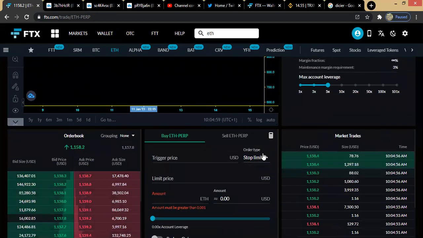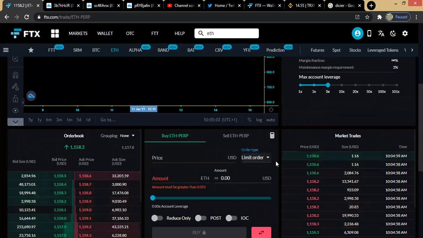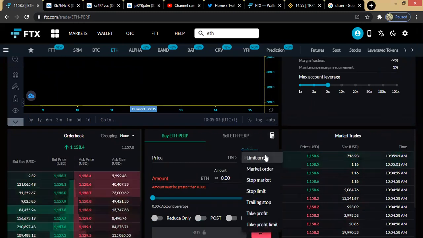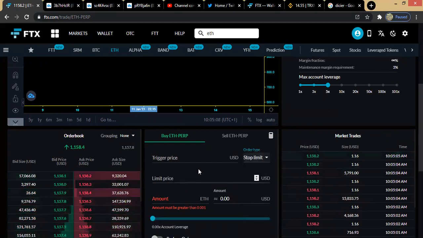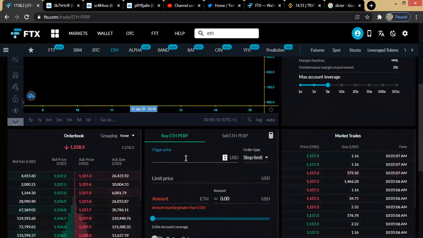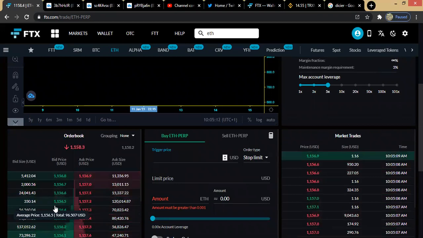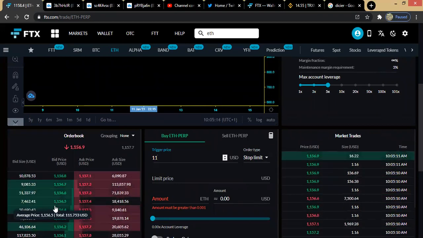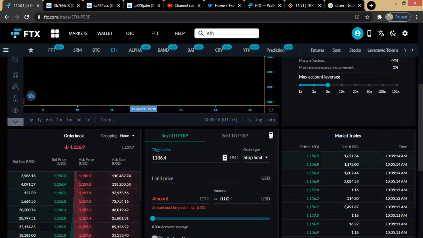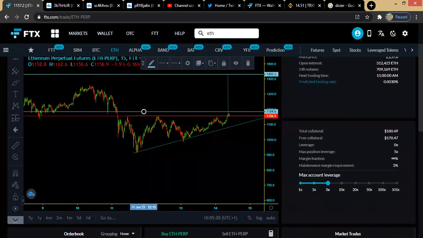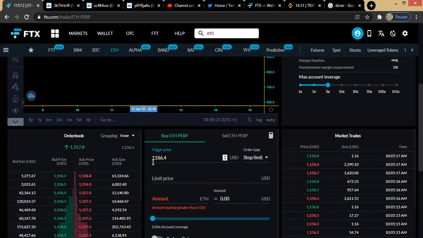Initially we had a limit order, so I will go to these limit orders and change it to stop limit order. Then I put my trigger price at 1186.4, I guess, that's what we have there. Or am I making any mistake? Okay, 1184.6.